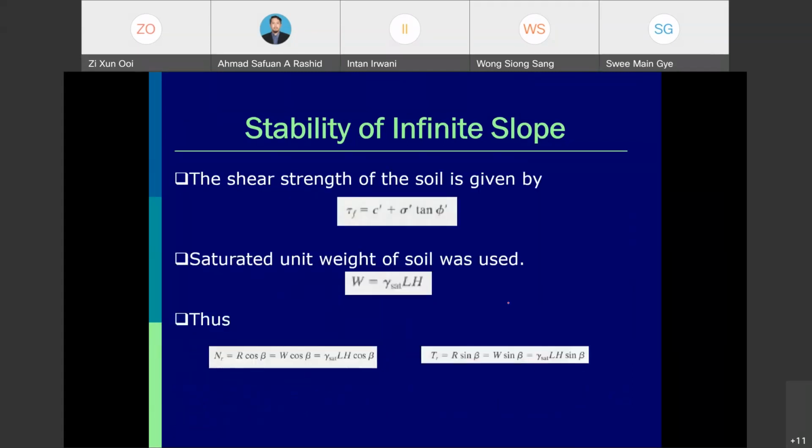The shear strength of the soil is given by this. From there, the saturated unit weight of the soil is used, where we want to determine the W. Then we obtain the Nr equal to saturated unit weight times L times H cos beta, and for the Tr, saturated unit weight times L times H times sin beta.